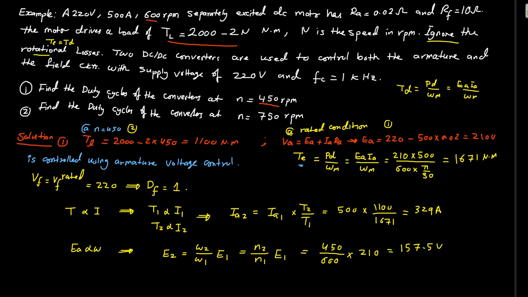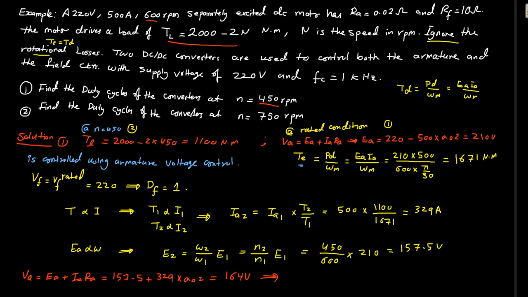So now we can calculate VA, which will equal EA plus IA RA. EA we already found, 157.5, plus IA, which we already found, 329 multiplied by 0.02, and this will equal 164 volt.